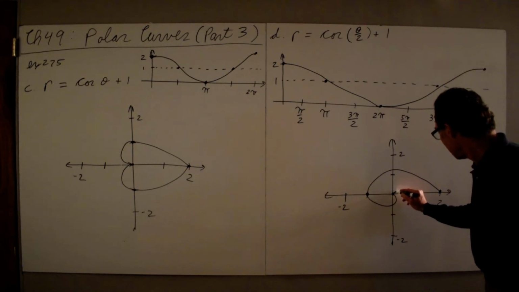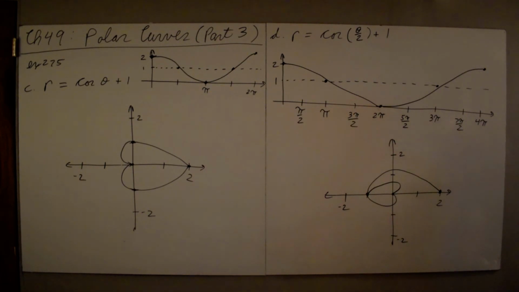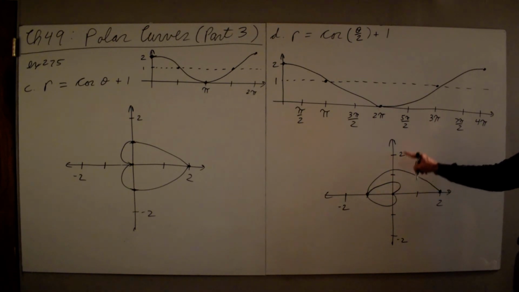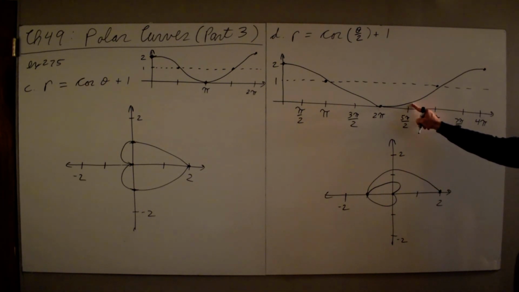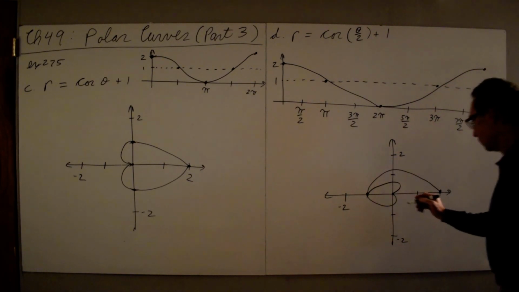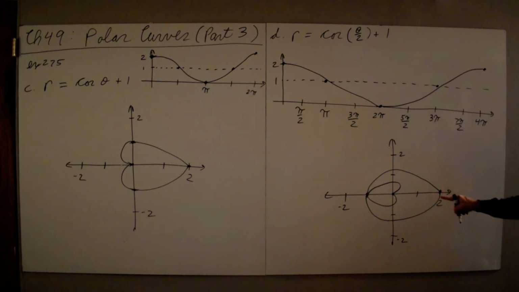So we know that our curve does this. Because of this part right here. At 5 pi over 2, r is not 0. And then finally from 3 pi to 4 pi, r increases from 1 to 2. So that brings us back to here.